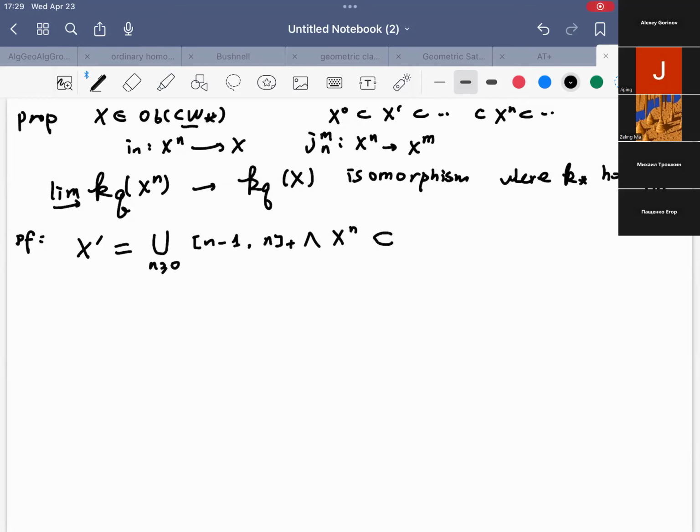Actually, this is contained in [-1, infinity) smash product X. First, we want to see that X prime and X have the same homotopy groups. This is the first thing I want to explain.